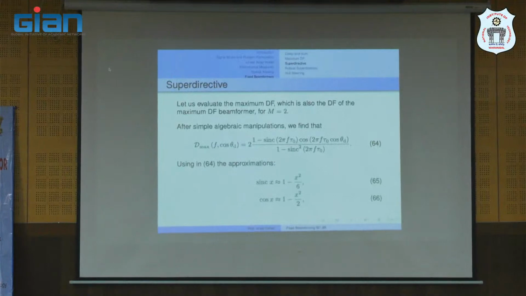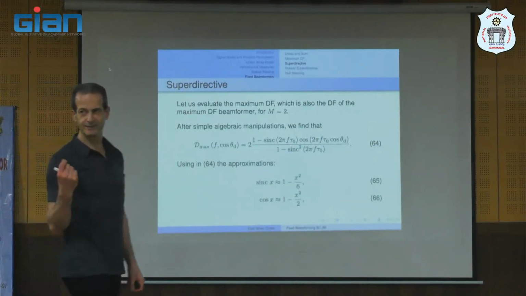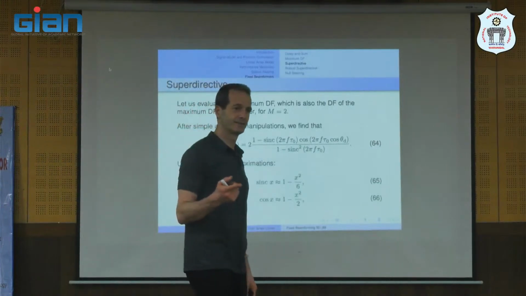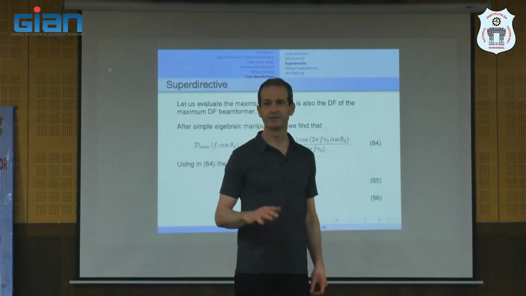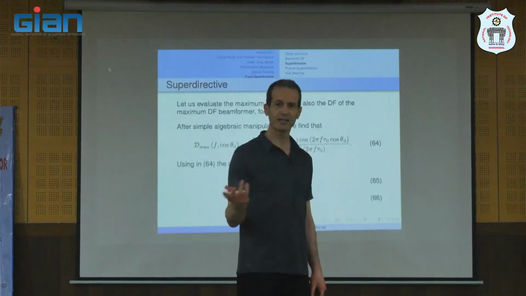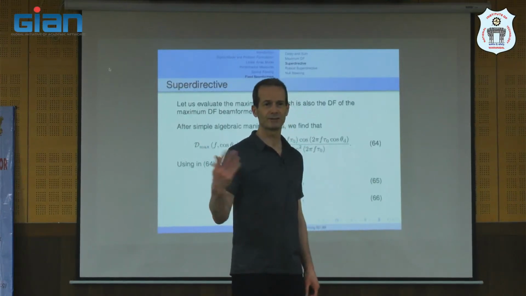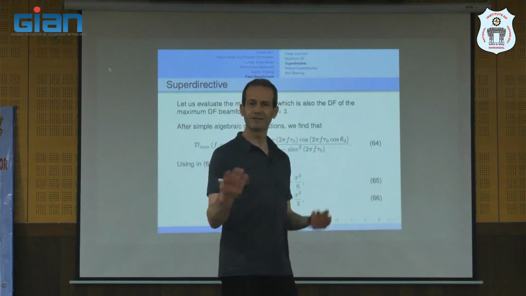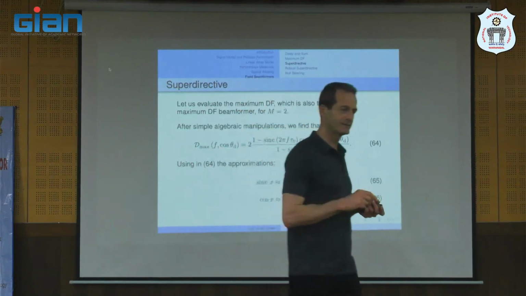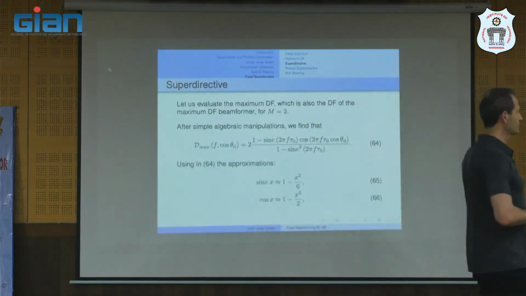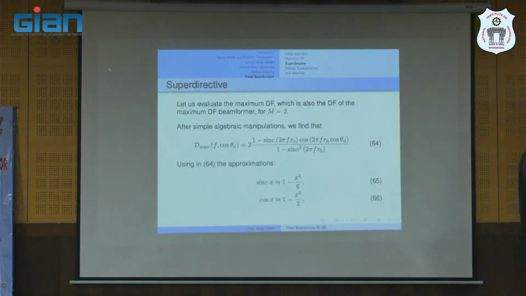Sometimes people don't understand the difference, and very shortly, you will know it. Afterwards I can give you some quiz with differences. But now you see the differences. What is the difference between the max DF beamformer and the super directive beamformer?